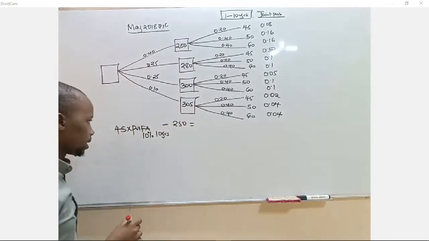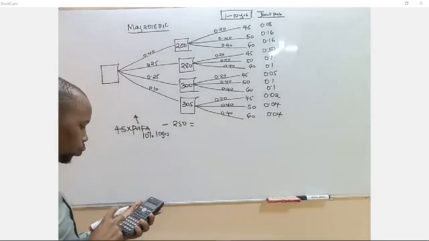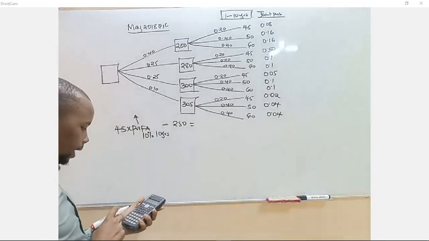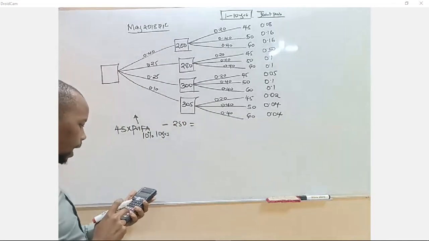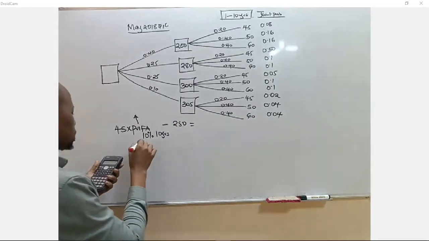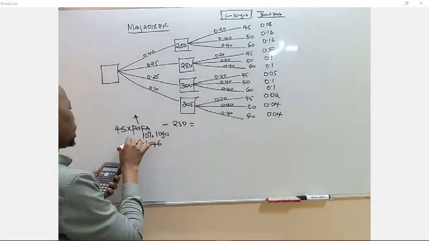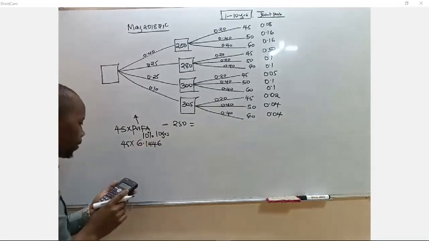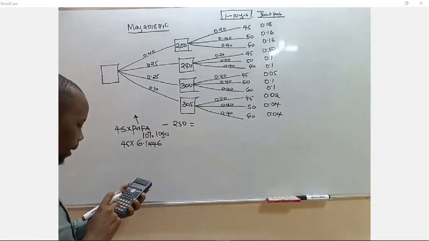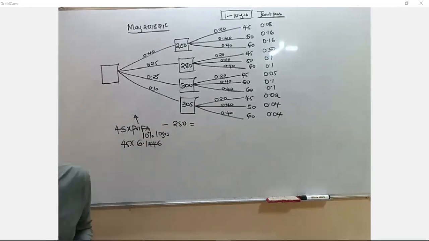So I can use a formula for this: 1.1 raised to the power negative 10, 1 minus the answer, then divide by 0.1. You get 6.1446 times 45, so it will be 45 times 6.1446 minus 250.